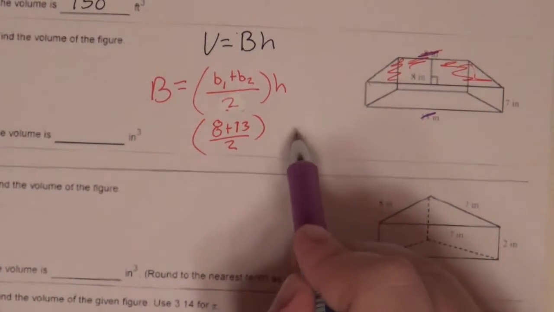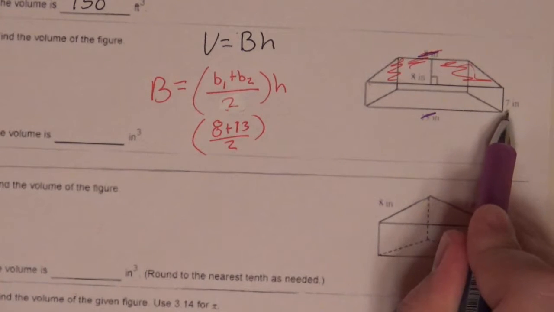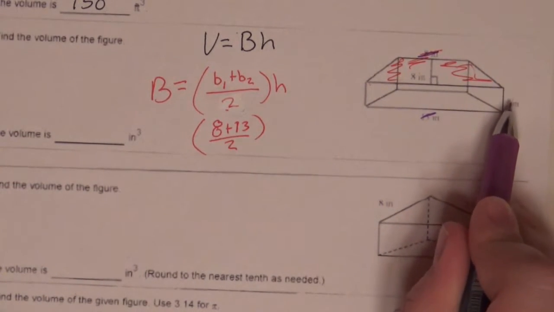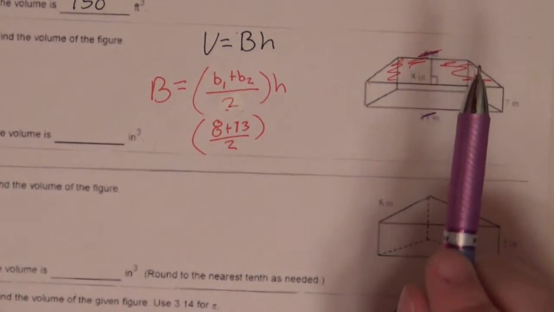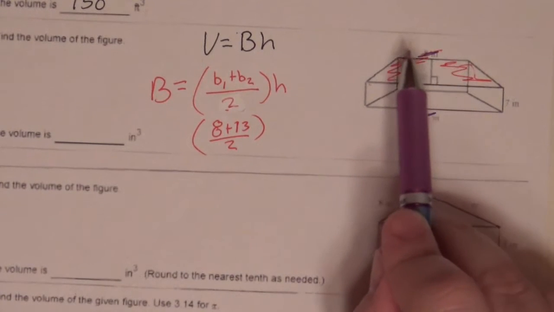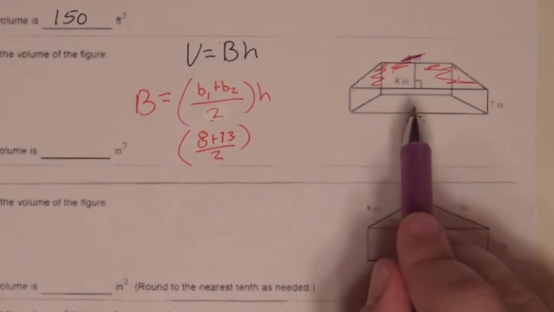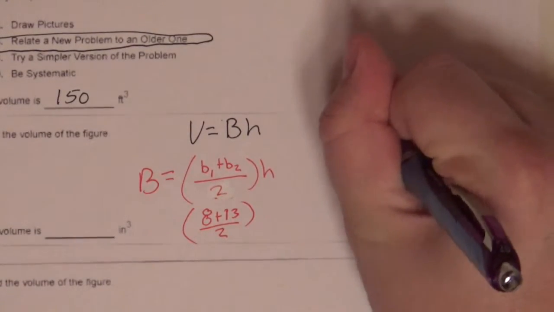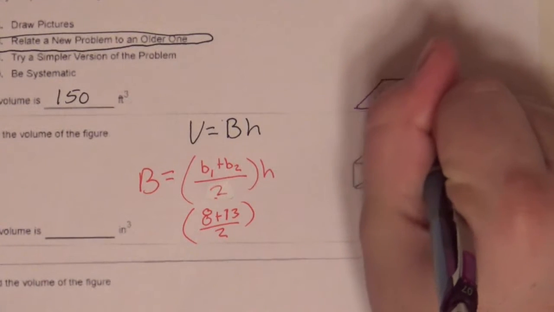The problem is height. A lot of people look right here because yes, this is the height of the entire 3D object, but it is not the height of our base. Remember, all we're looking at is a trapezoid. If we just looked at the base, it really looks like this, kind of like a bird's eye view.